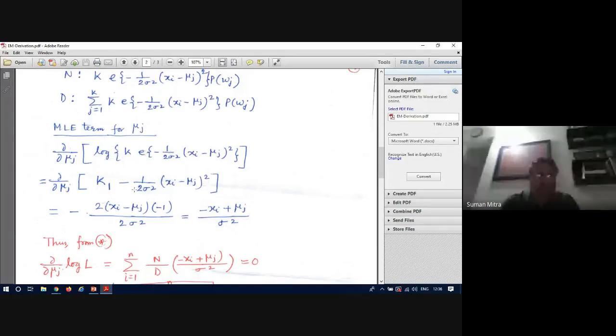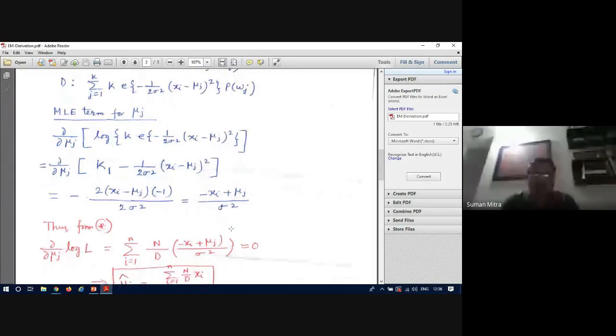Log of this is minus 1 by 2 sigma square (xi minus mu j) whole square. So del mu j: this is constant, 1 by 2 sigma square is constant. This is 2 into (xi minus mu j), the derivative of minus mu j is -1, and this minus sign is there. So minus xi plus mu j by sigma square.